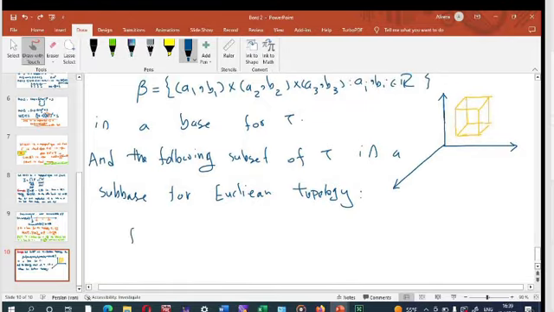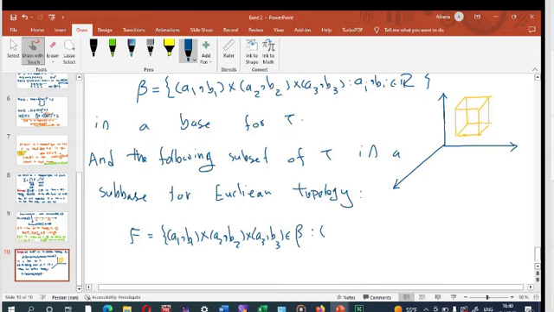F, for example, equal to the set of all elements in beta, A1, B1, A2, B2, A3, B3 in beta such that its volume be greater or equal 1.